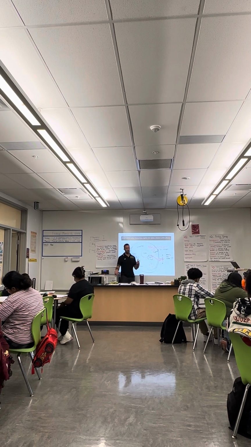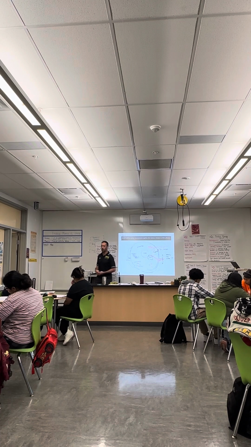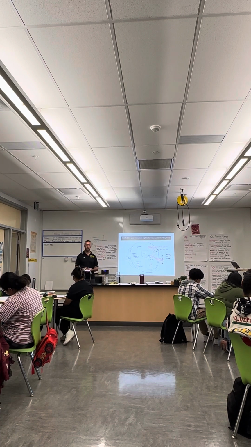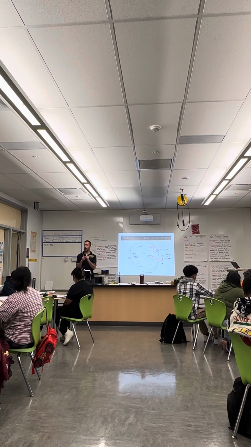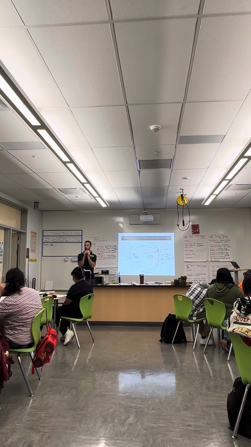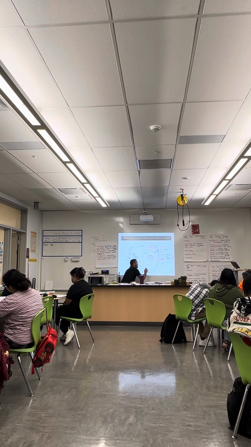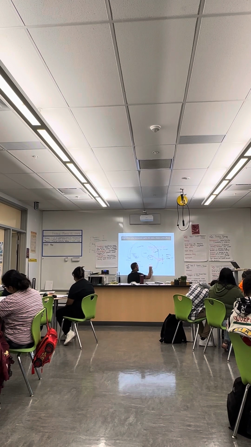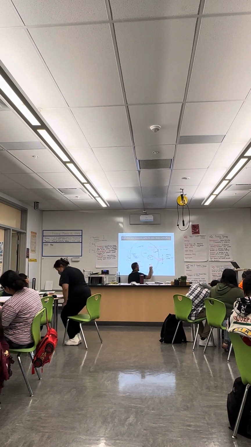Somebody build off, Jessica's on fire today. Somebody build off of that. What is radioactive decay? Close. Not the atom itself. It's a part of the atom. The nucleus. So what we would have to do is draw the nucleus of an atom in here, right? Very good.